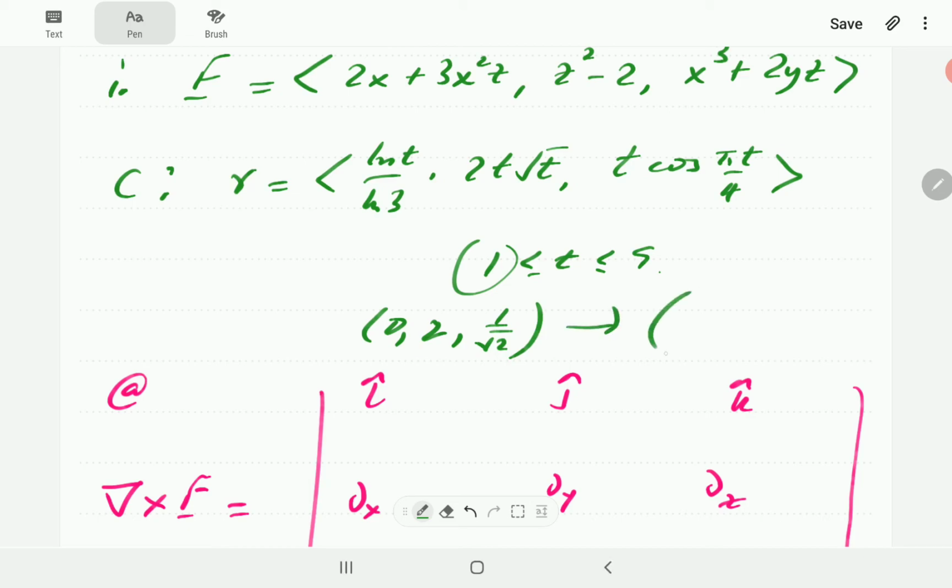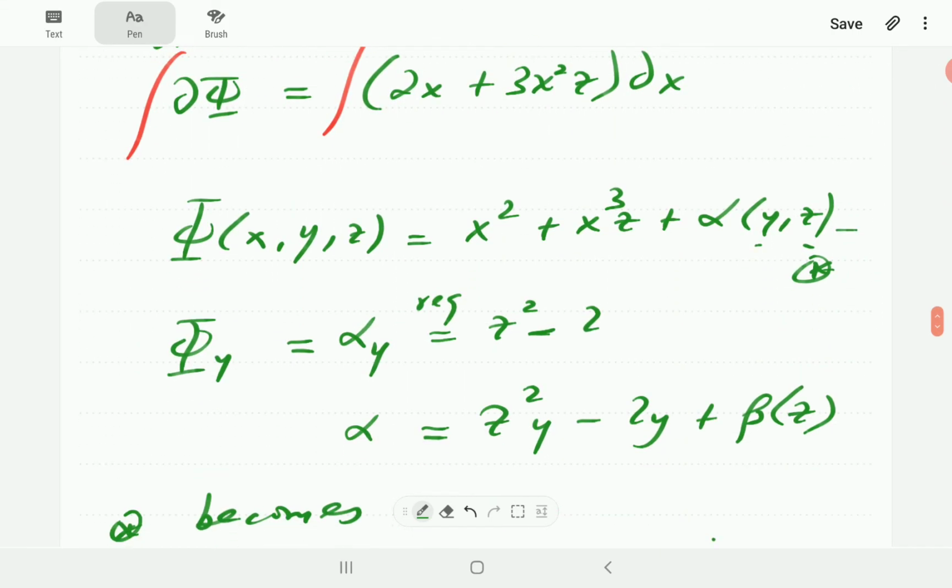Okay, then when t is 9, the x component is going to be 2 ln 9 over ln 3. The y component is going to be 54. It's going to be 9 times 2 times 3. The z component is going to be 9 over root 2. So that is what we're going to have.